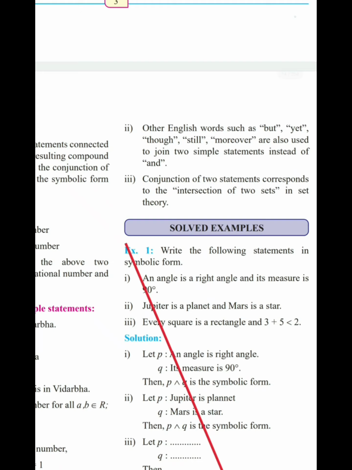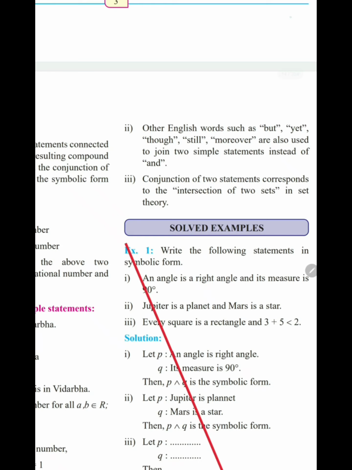Instead of and, we can use but, yet, though, still, moreover. If these words are there in the given compound statement, then treat it as a conjunction. Got it? Yes. Now we will discuss one by one deeply.